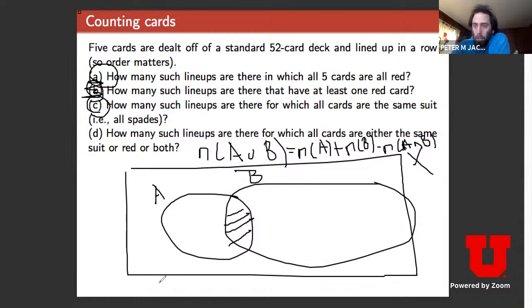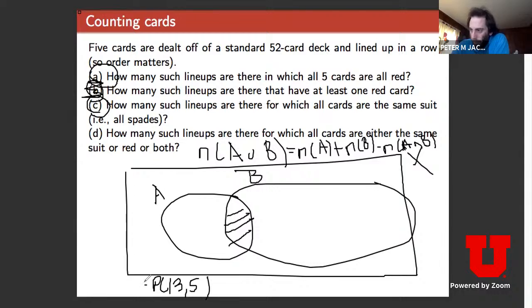Each suit has 13 cards, and so selecting from one of those suits, let's say one of the red suits is the kings, then selecting 5 cards from the kings in succession is P of 13, 5.